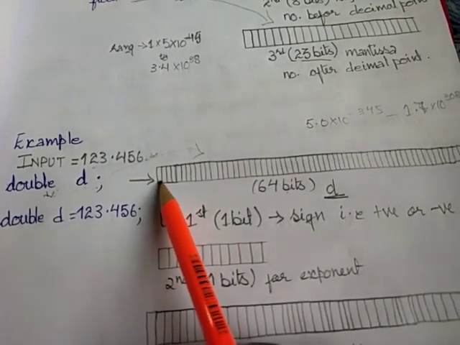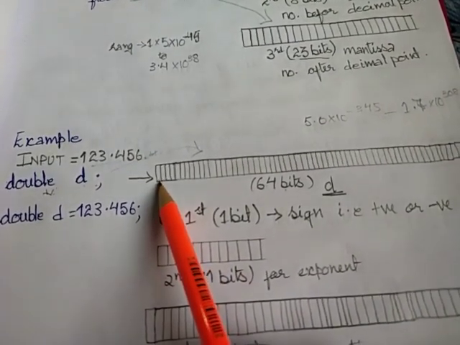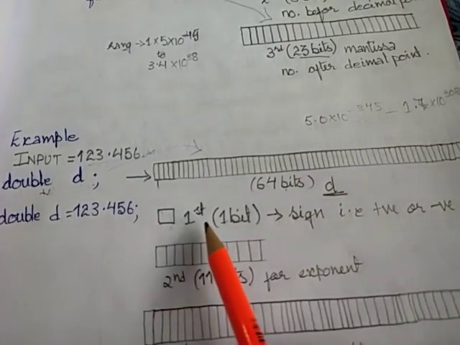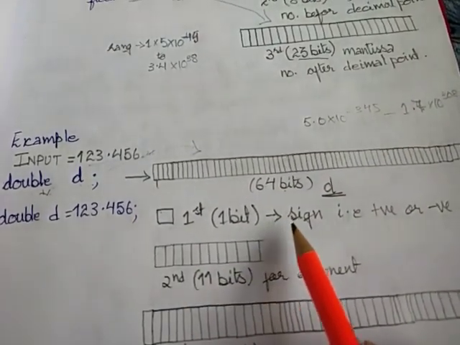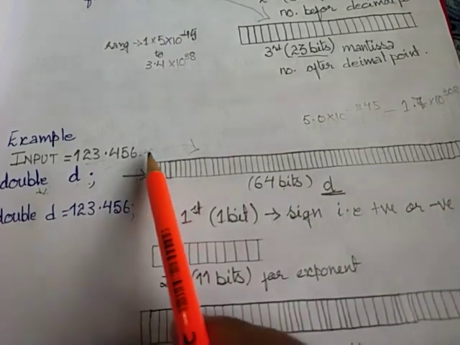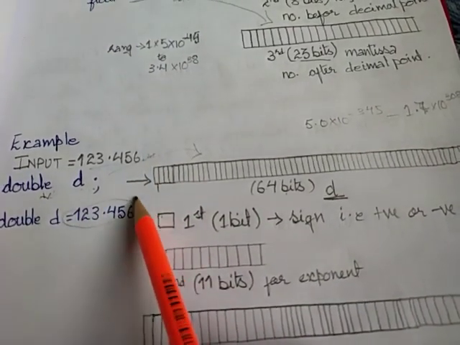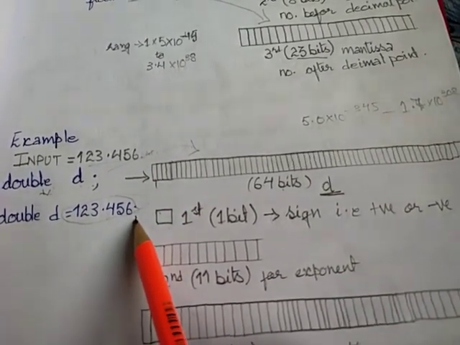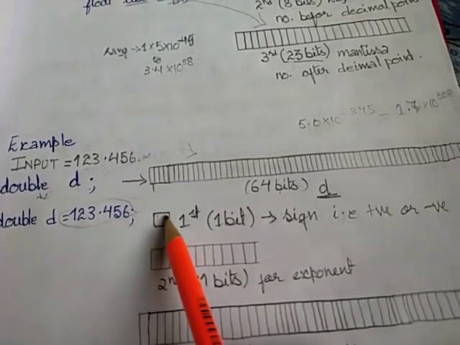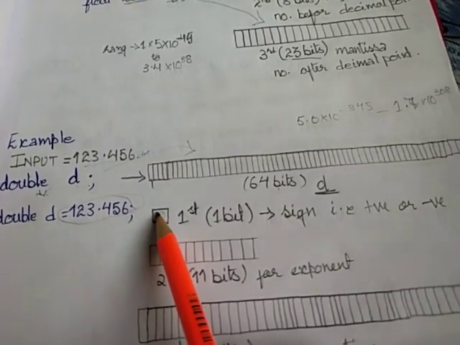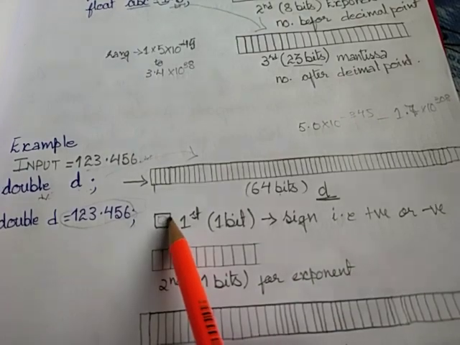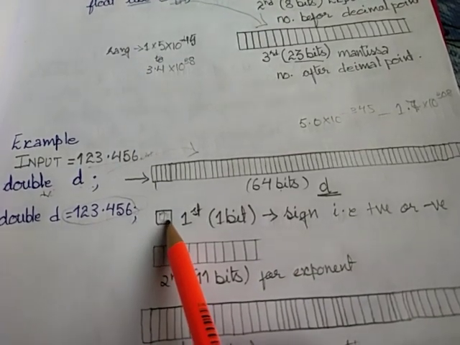The first location over here, or the first bit over here, will store the sign. That is to indicate whether this value is a positive or negative value. If it is a positive value, the first bit will be 0. If it is a negative value, the first bit will be 1.